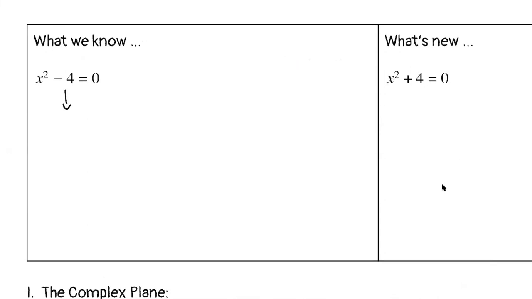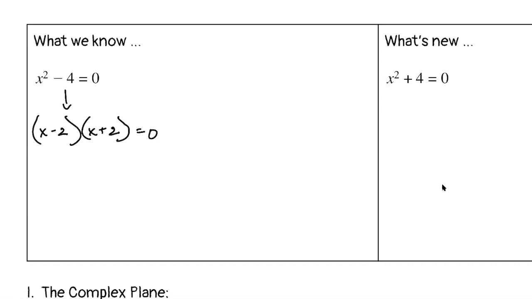Yeah, I can factor it, okay? And so what does that factor into if I choose the factoring route? Good. So (x minus 2)(x plus 2) equals 0.